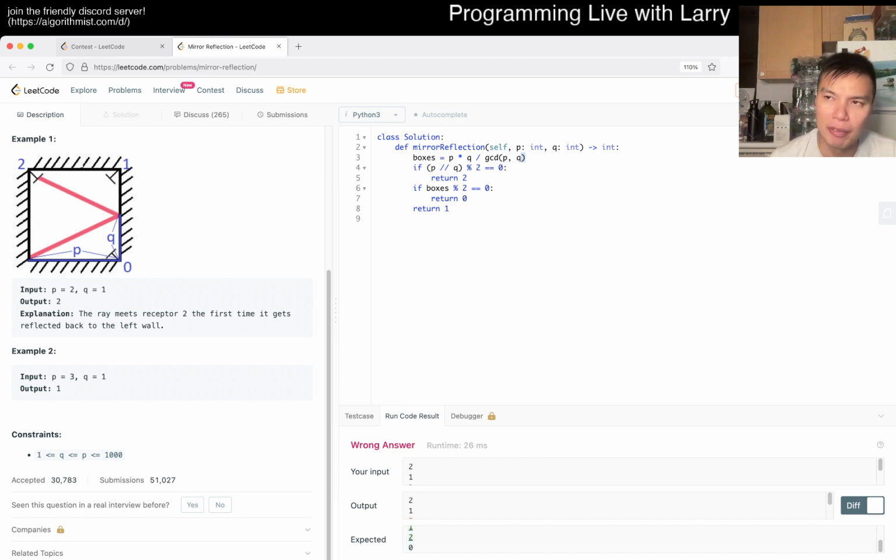What I want is the LCM, right? So this is the LCM. The LCM is the number of boxes, but that's not true. That's not the number of boxes. Because in this case, if we have 1 and 3, the number of boxes is 1, not 3, right? Oh. Okay, so I have to represent this a little bit better. The boxes formula is wrong, but the boxes idea is correct.